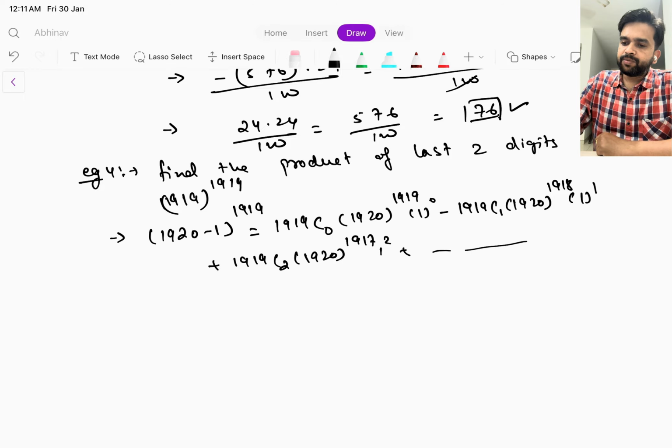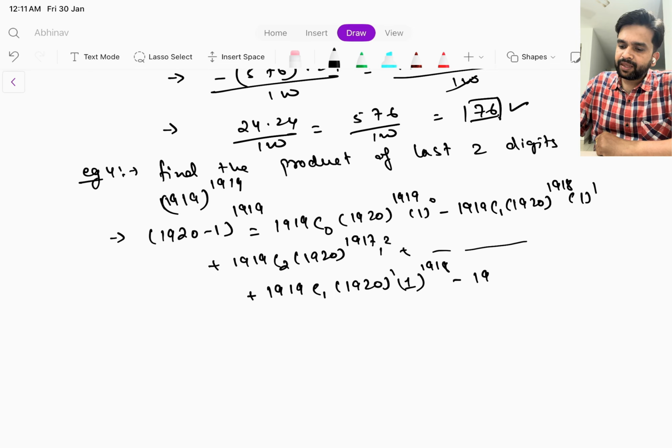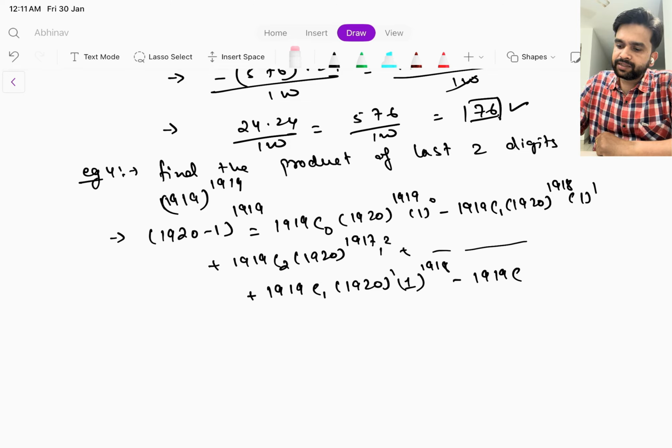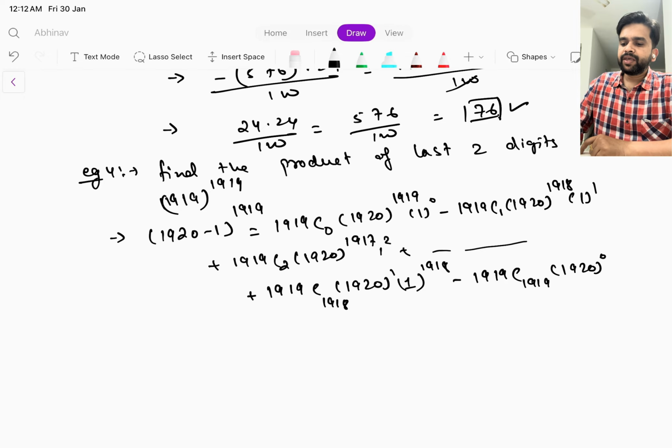The second last term will be 1919 C 1918 1920 raised to power 1 1 raised to power 1918, and the last term will be 1919 C 1919 and 1920 raised to power 0 and 1 raised to power 1919.